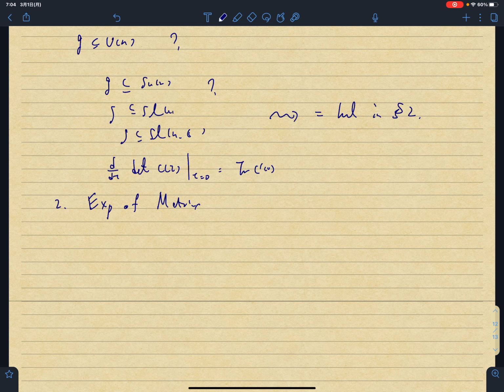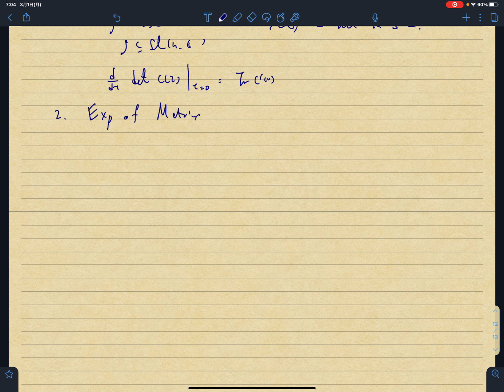It's possible also to go back from Z. The tool for doing so is the exponential matrix. The exponential, for any n by n complex matrix, say A, e to the A is given by a series of matrices.